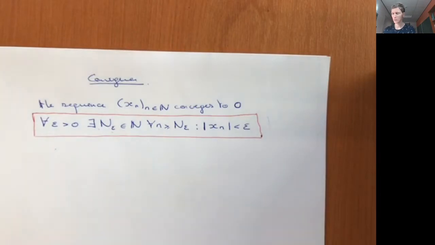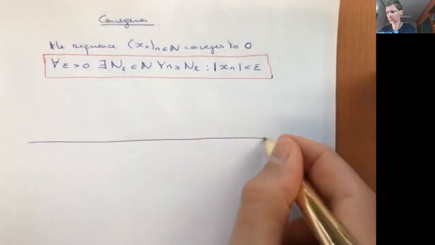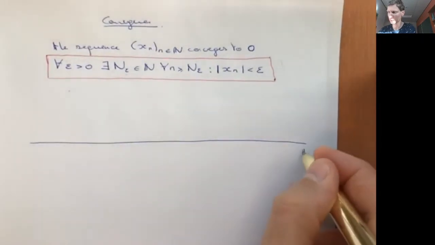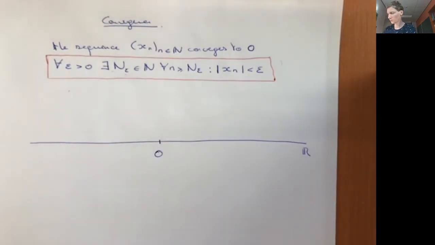So let me try to give a graphical illustration of this definition. Okay, so here we have the real number line. Here can be the number 0, and then we have a sequence of numbers, right?